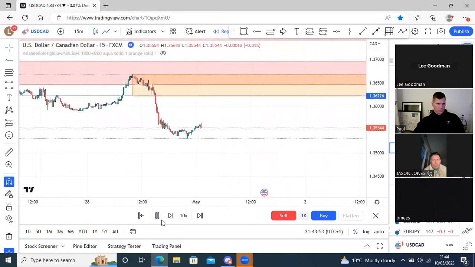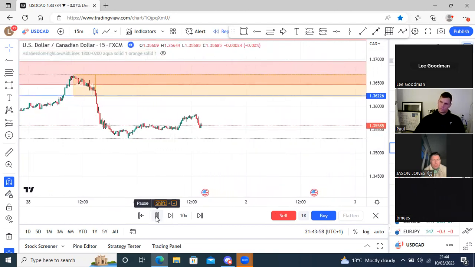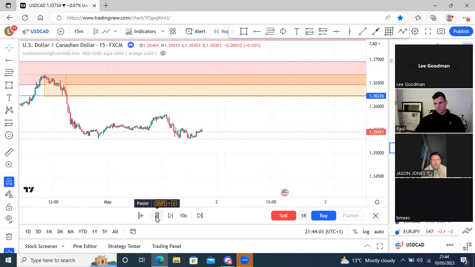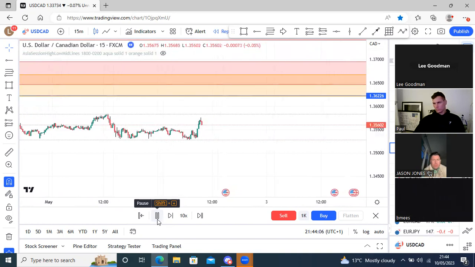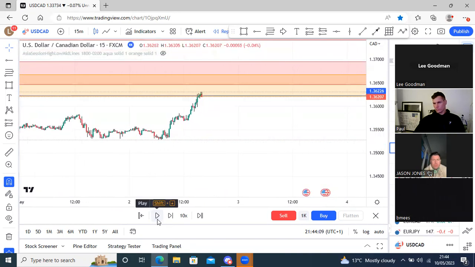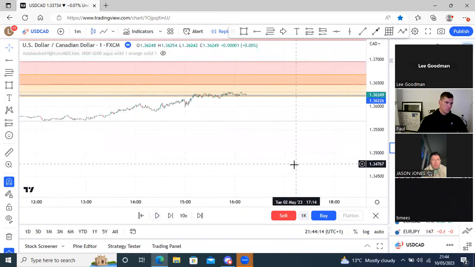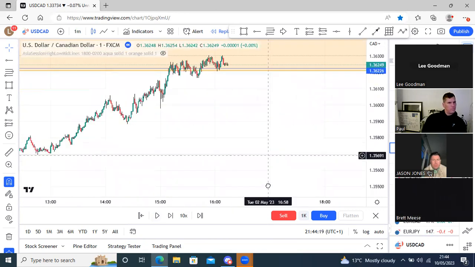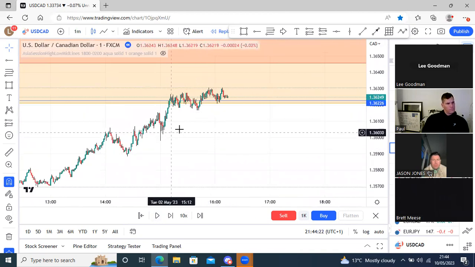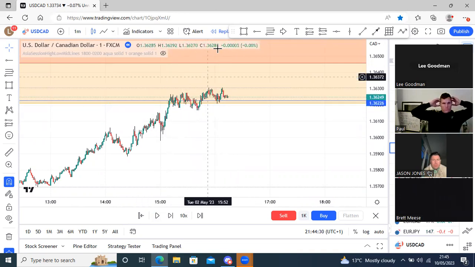Once it gets back to the box, I'm just waiting for a 1-minute break of structure. Now that it's entered, that alert would have gone off. Just waiting for a 1-minute break of structure. So at the minute, depending on if this gets broken, I'd move it to this one here. But at the minute, I would say it's here.